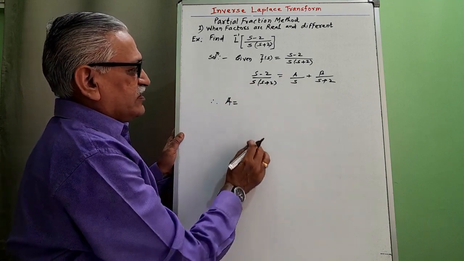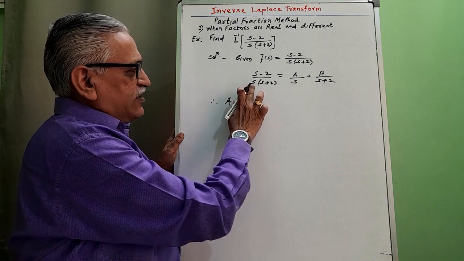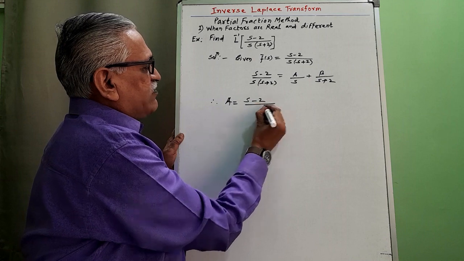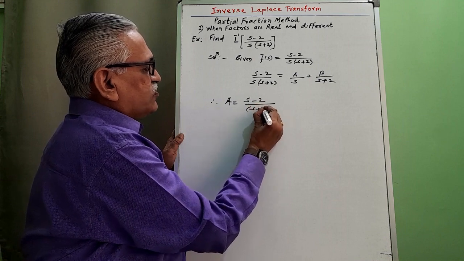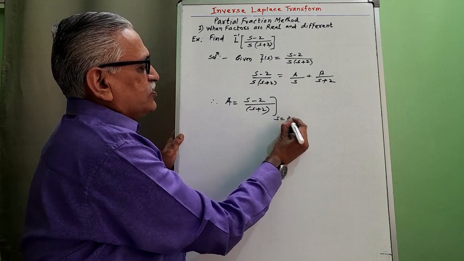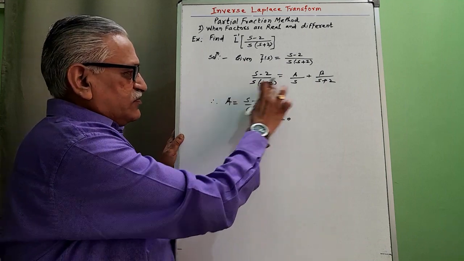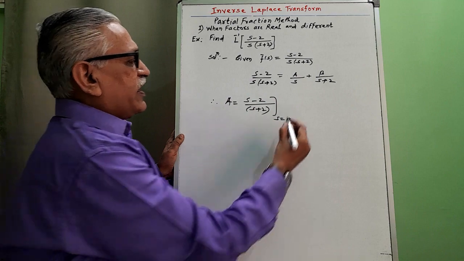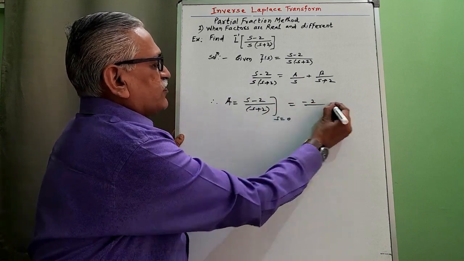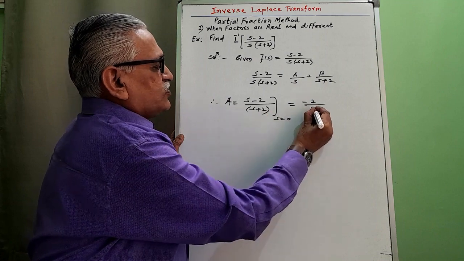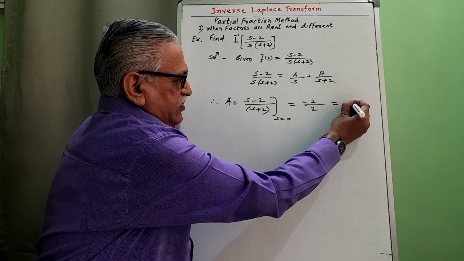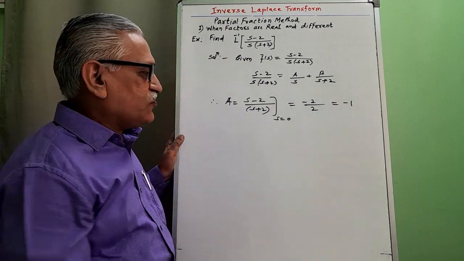Neglecting the s, we get s minus 2 divided by s plus 2 at s equals 0. Equating this term to 0, put s equals 0 here, we get minus 2 upon 0 plus 2, that is minus 2 upon 2, we get that value as minus 1. The value of a is minus 1.